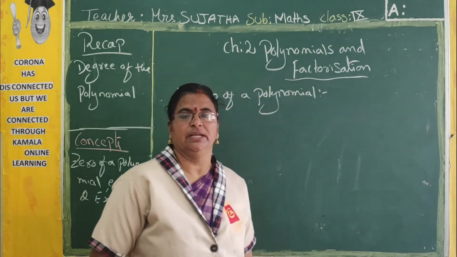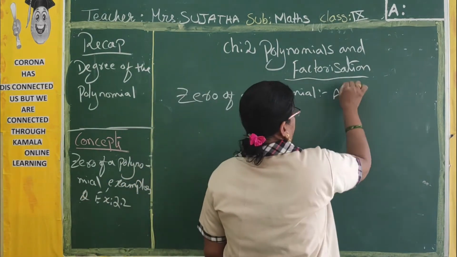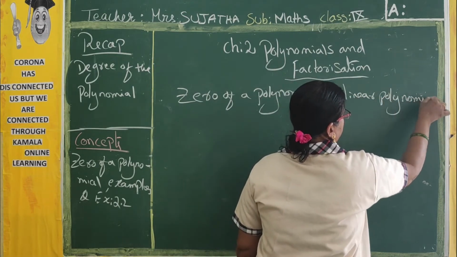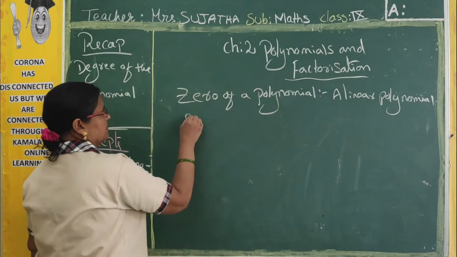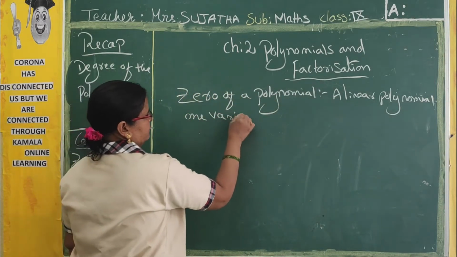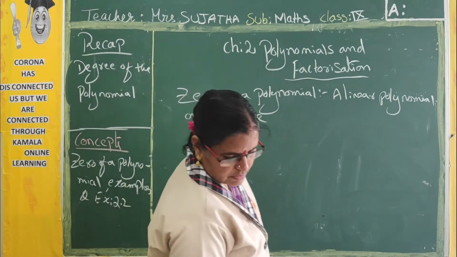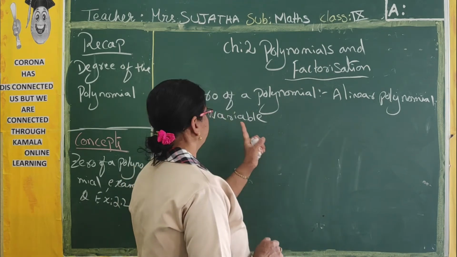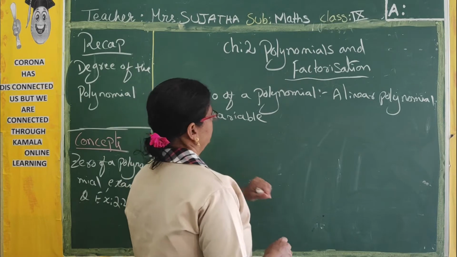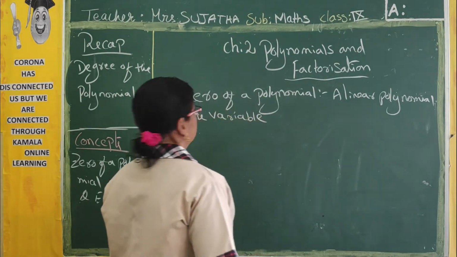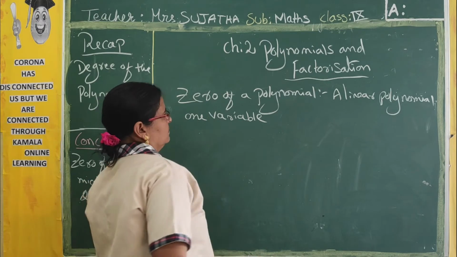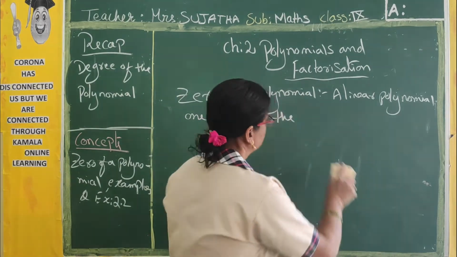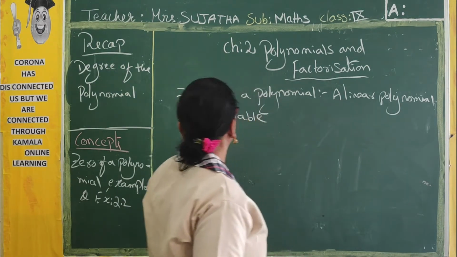You want to write: zero of a polynomial.